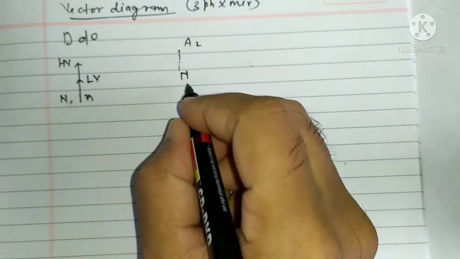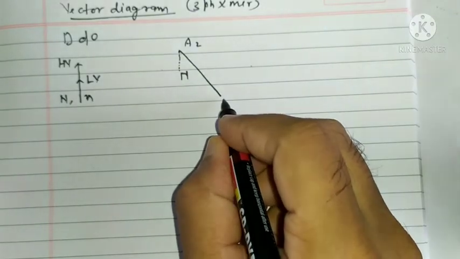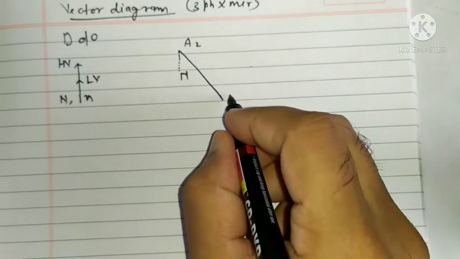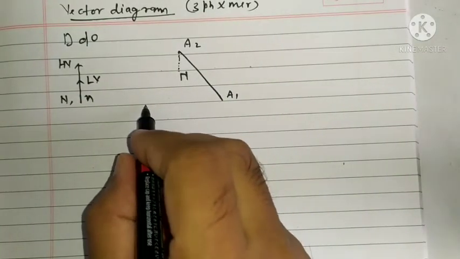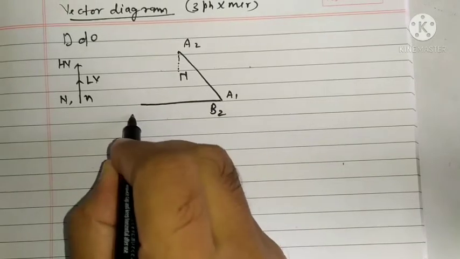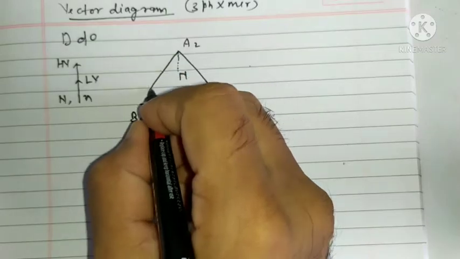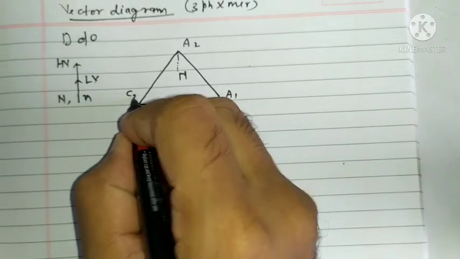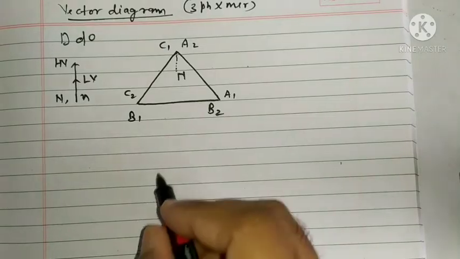So I will write here A2 to A1, and B2 to B1 for delta connection, and C2 to C1. So this will be HV side.